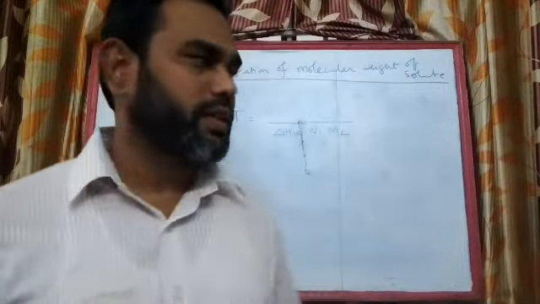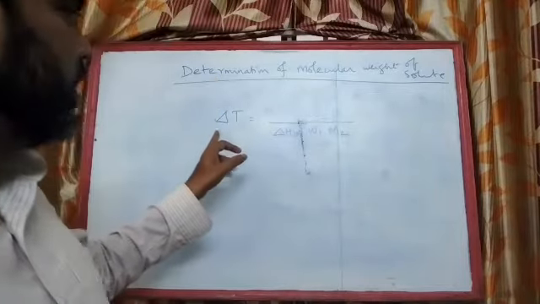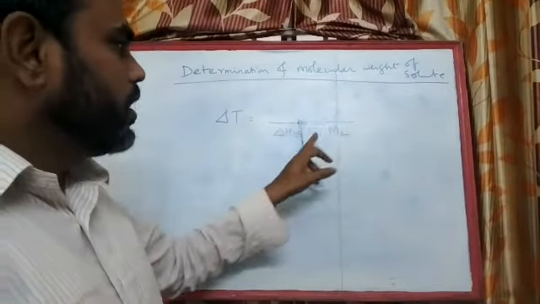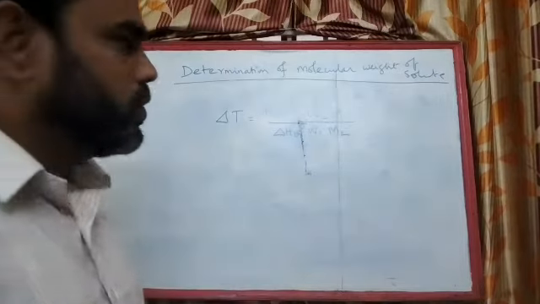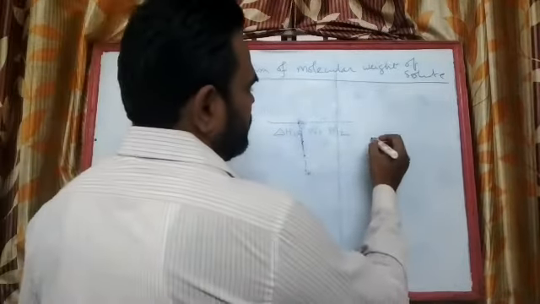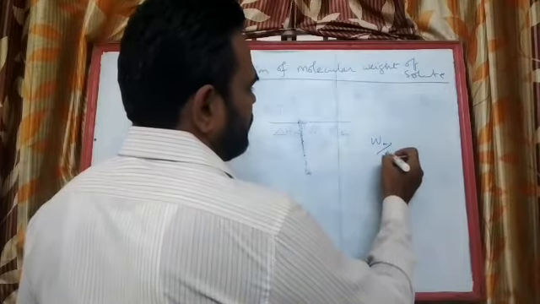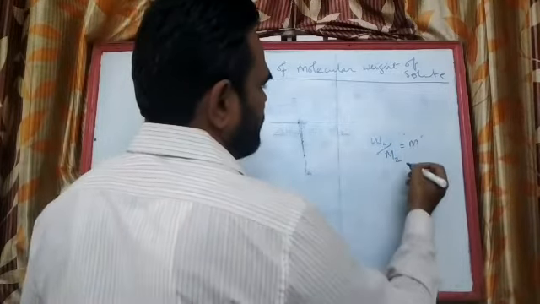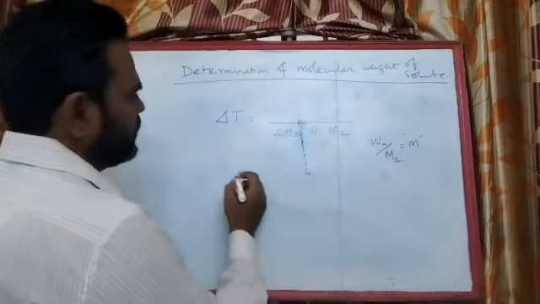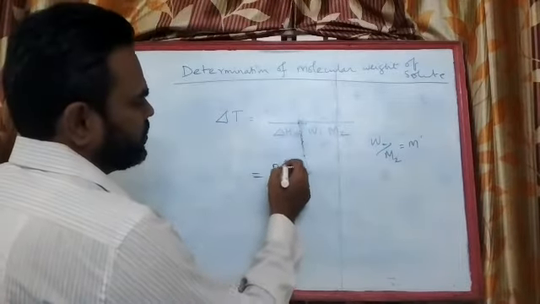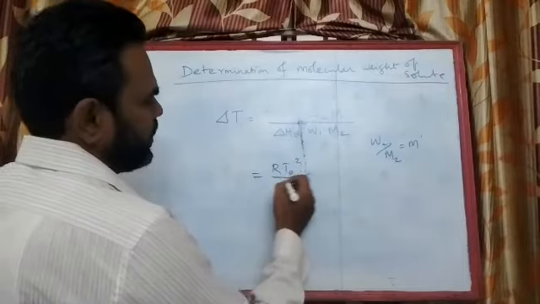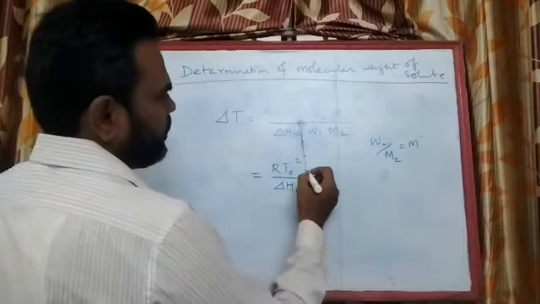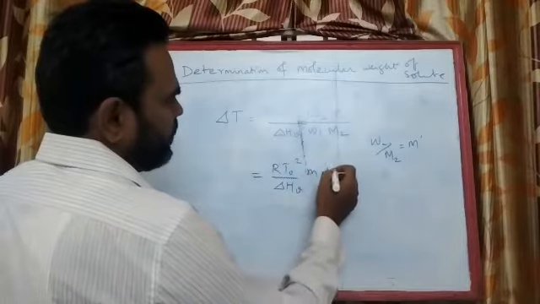In the previous class, as shown here, delta T equals RT0 squared W2 M1 by delta HV W1 M2, where W2 by M2 W1 is noted as m. If I write this, it becomes RT0 squared by delta HV into m into capital M1.